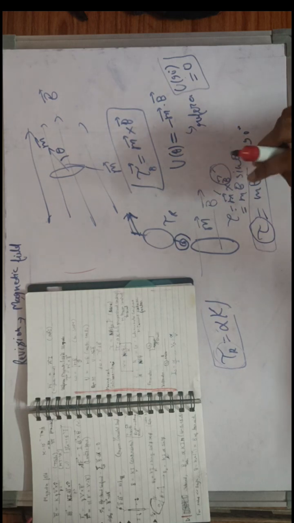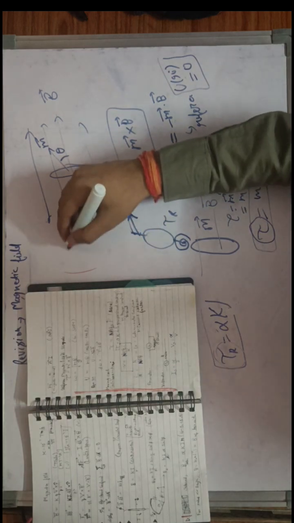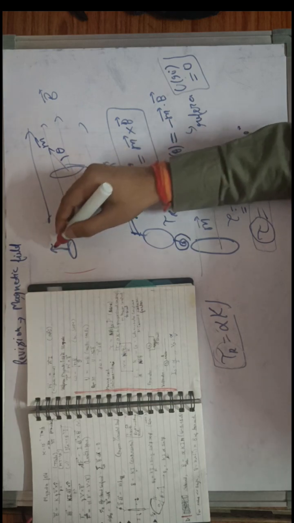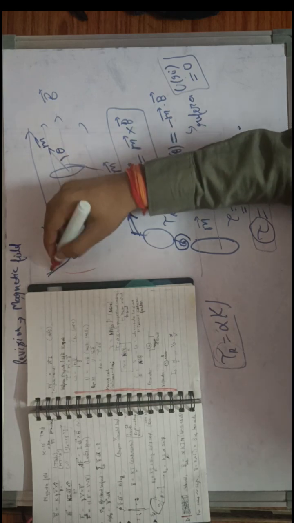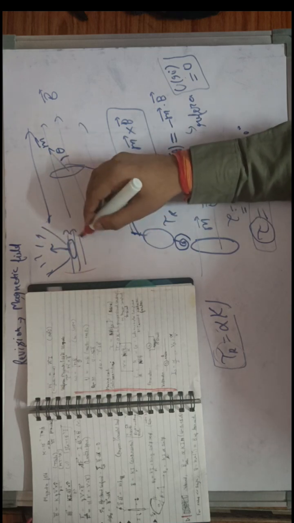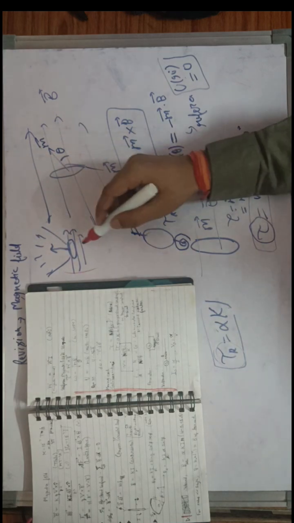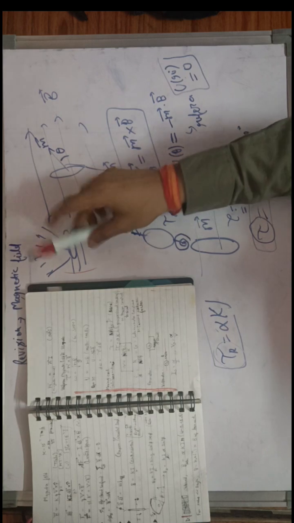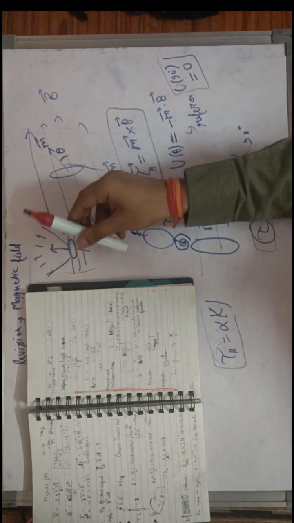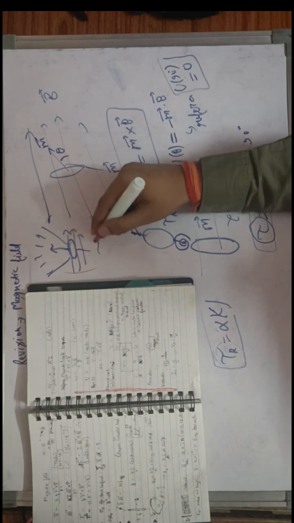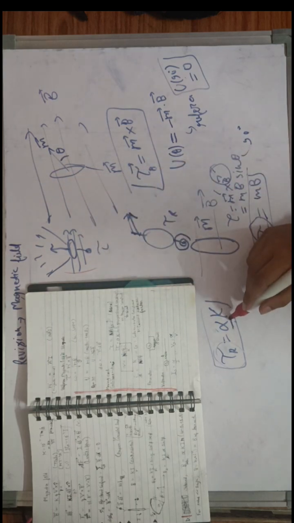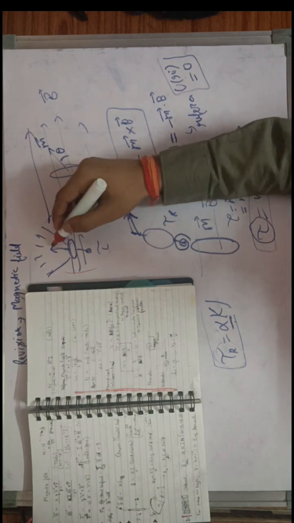Let's say there is a coil here and this end of the coil is connected with a needle, and there is some scale given like this. There is some magnetic field given here, and when some current passes in this coil, this produces some torque tau in the coil which forces it to rotate, and there is some restoring torque produced as the angle increases. Let's say this is 0.